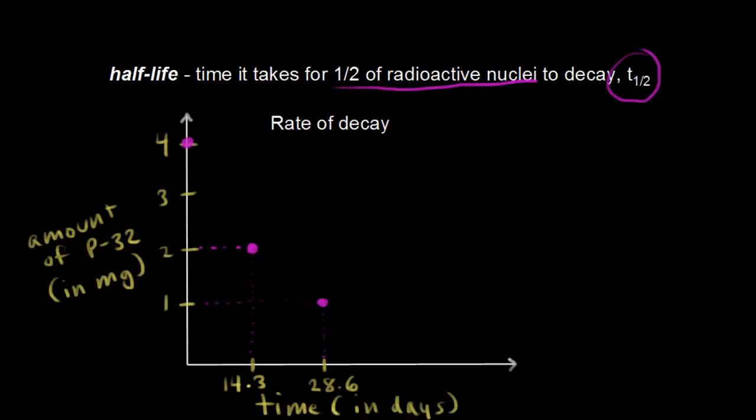Let's wait another half-life. So 28.6 plus 14.3 should be 42.9. So that's our next point. And what's half of 1? It's 0.5, of course. So that's about 0.5, and that gives us an idea about where our next data point is. And we could keep going, but this is enough to give you an idea of what the graph looks like.